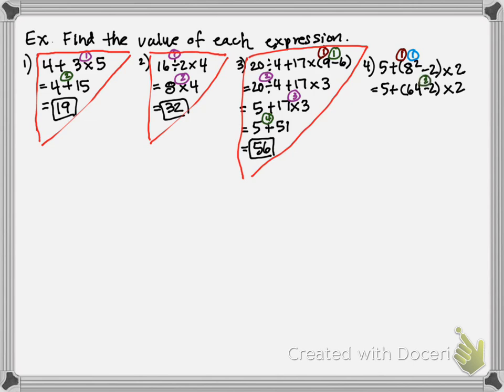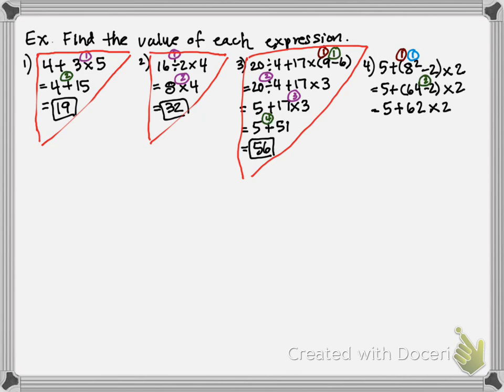So the second operation is going to be subtracting inside that grouping symbol. So I've got 5 plus, and then 64 take away 2 is 62. So notice how the parentheses, the grouping symbol, goes away after I do the math. And then I write out the rest of the problem.